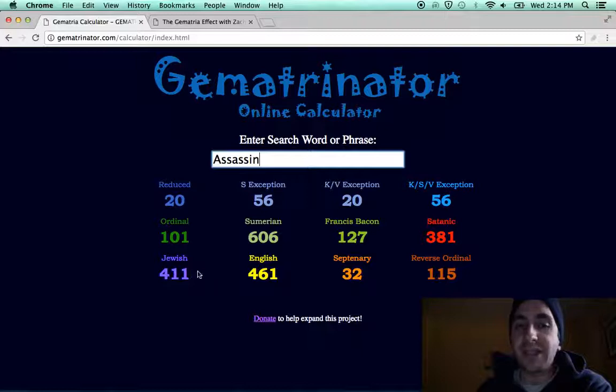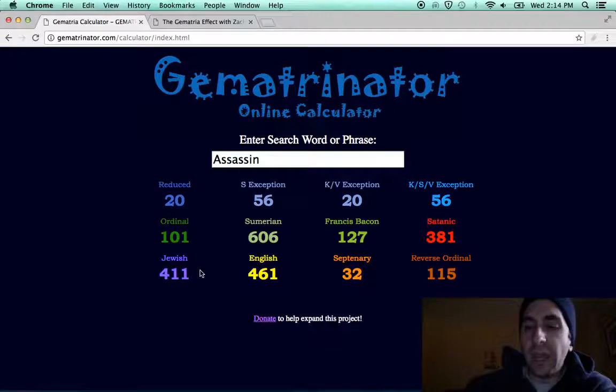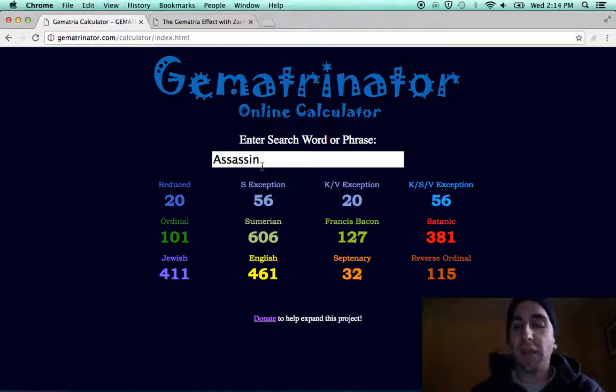The word assassin in Jewish gematria is 411. Look up where JFK was assassinated from. 411 Elm Street. And in an episode from 1961 of the Andy Griffith Show, 411 Elm Street was an address where a bootlegging family got busted. The episode came out Christmas Day, foreshadowing a bootlegging family getting busted. 411 Elm Street.